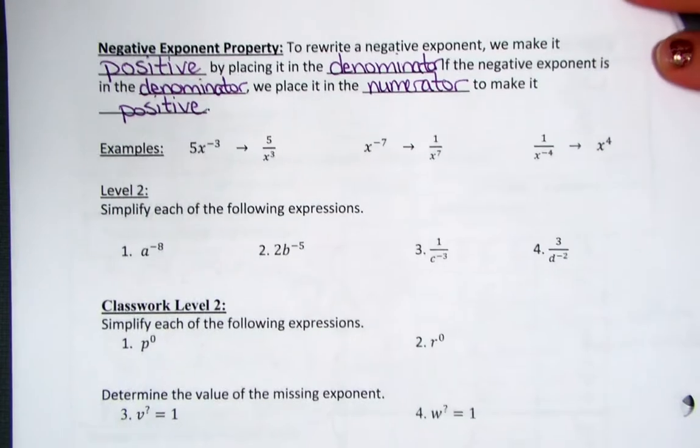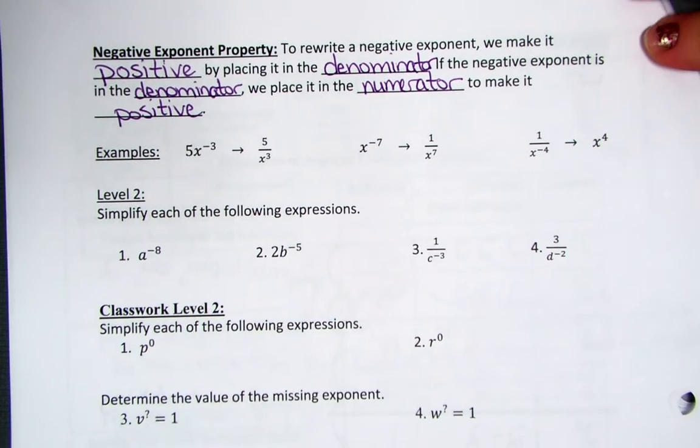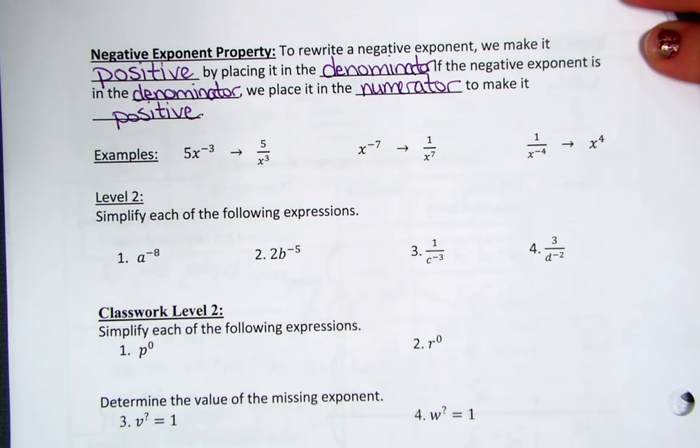Let's take a look at that property. In the property, we rewrite a negative exponent by making it positive and placing it in the denominator. If the exponent is in the denominator, we make it positive by placing it in the numerator.